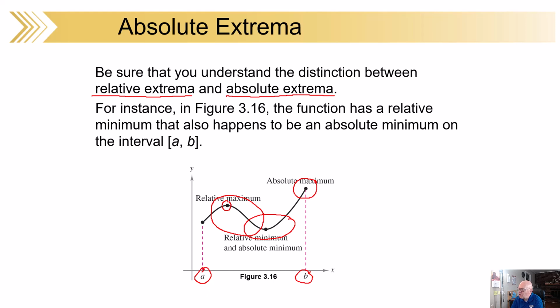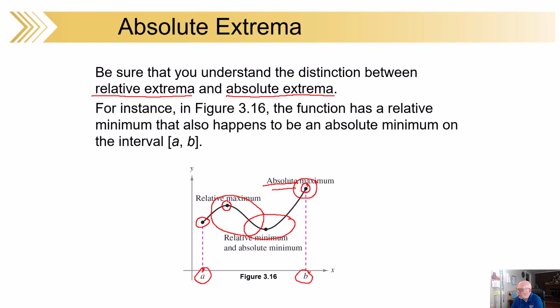So when you're looking for the absolute, write this down. When you're looking for the absolute maximum or minimum, make sure you check the endpoints. Because even though you might have a relative maximum or minimum on that interval, they might not be the absolute maximum or minimum.